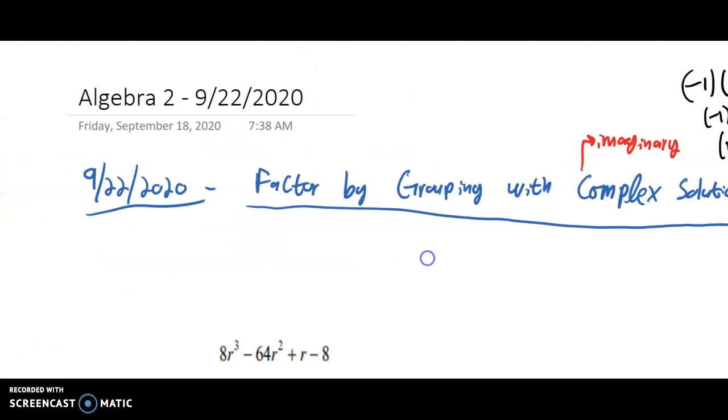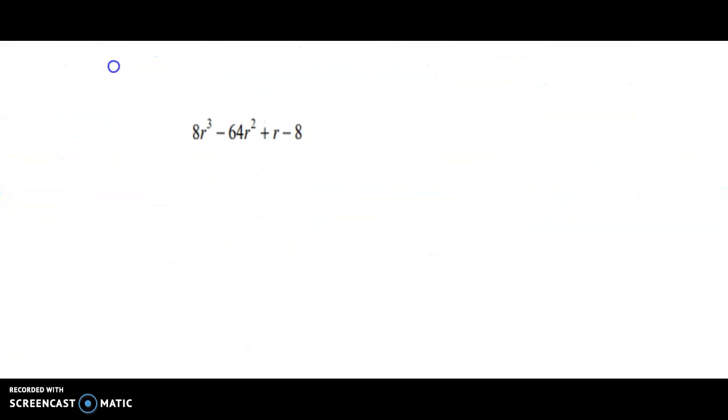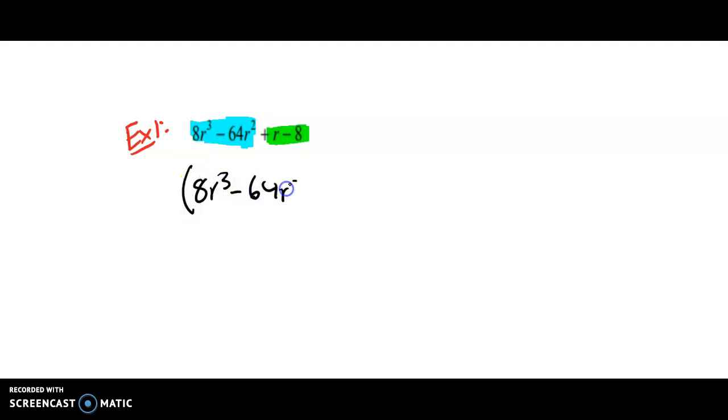We are factoring by grouping again today, except we're going to start solving these where they have imaginary solutions. Here's example 1. Make sure you pause and write the original problem. Okay, remember, we're going to break these into two groups. My first group is the first two, and the second group is the second two.